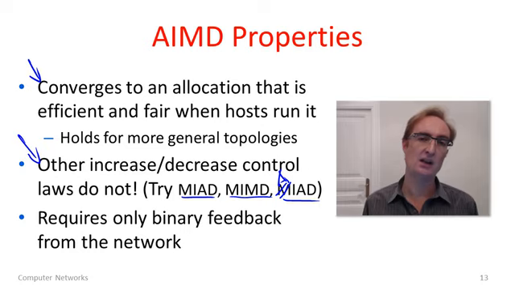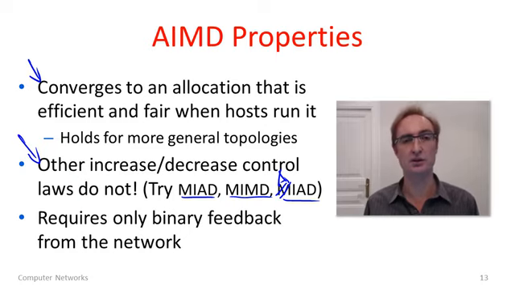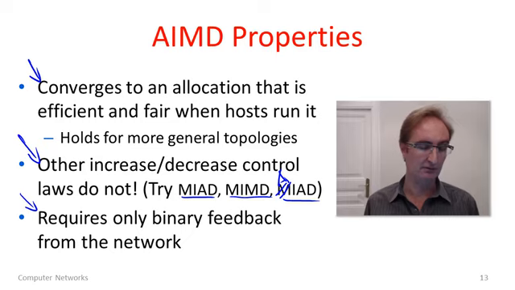Then you'll find that none of these other allocations converge to a good operating point. Some of them just go to and fro, others diverge, so they actually move away to a worse allocation. And we're doing all of this requiring really very little, just this binary feedback from the network about whether it's congested or not. So AIMD is quite useful.